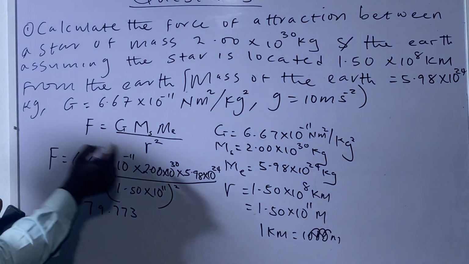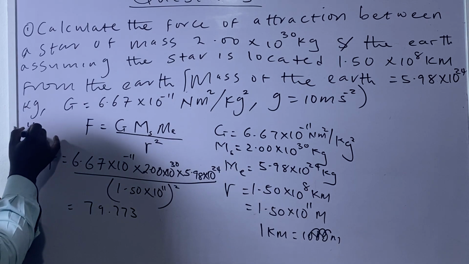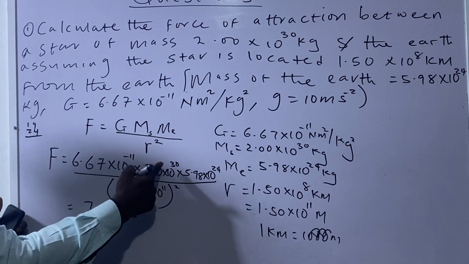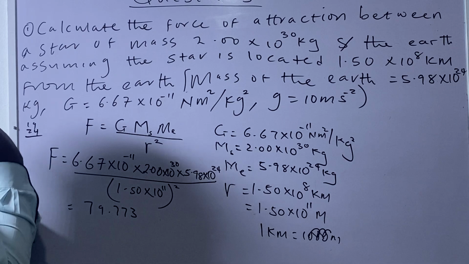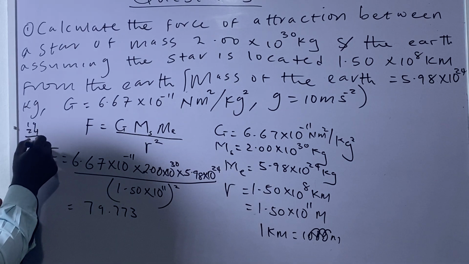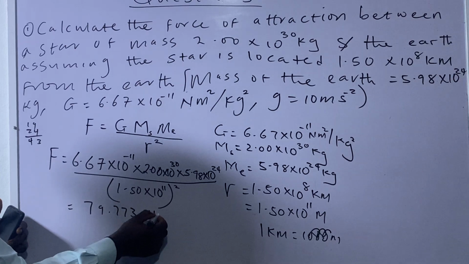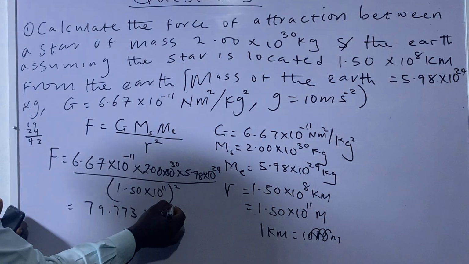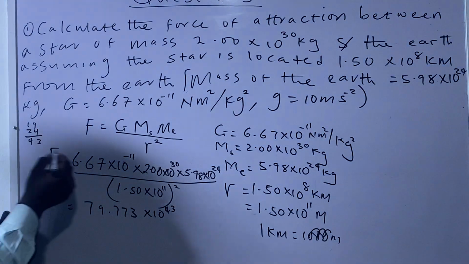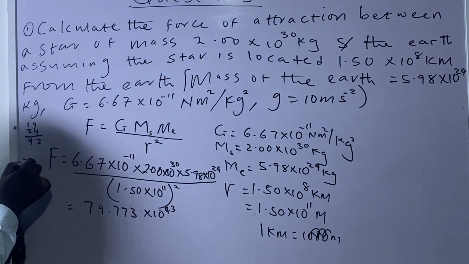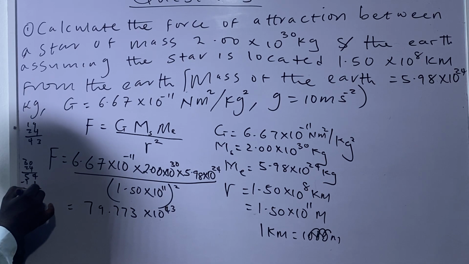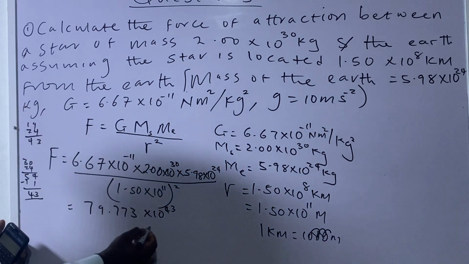Then 19 plus 24, that is raised to power of what? 43. What I've done simply is that I said 30 plus 24, that's 54, minus 11. So let me see whether I'll get the same thing. 4, 3, exactly. So that's what I have there.